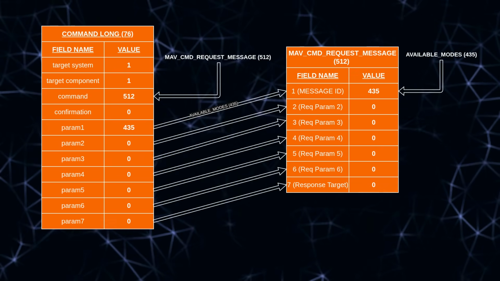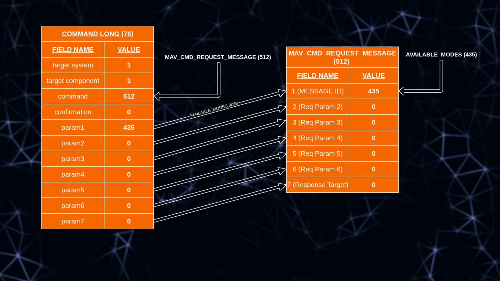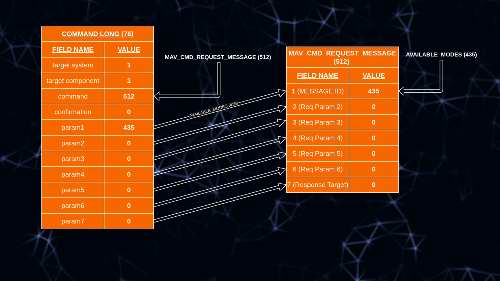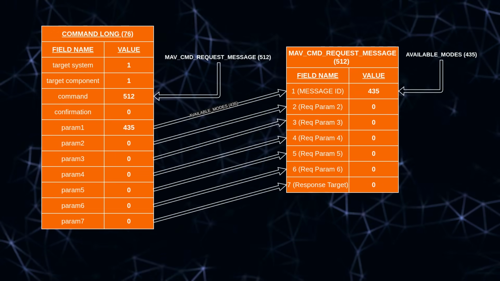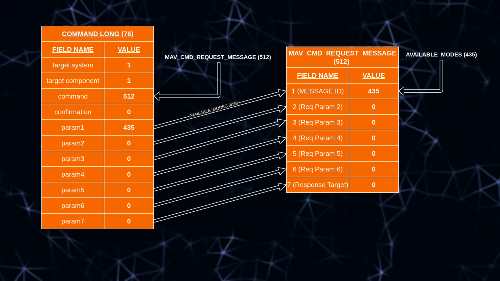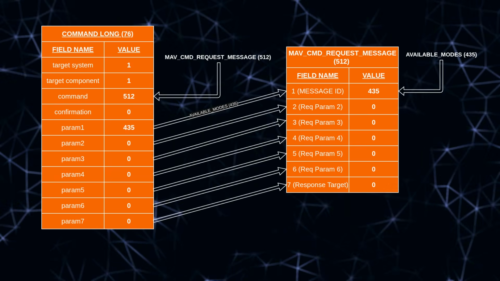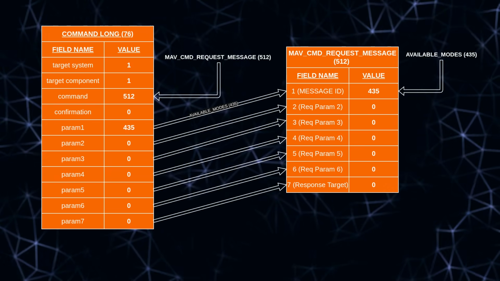The command ID field in the command long message would be set to 512 for MAV_CMD_REQUEST_MESSAGE, and the param1 field would be set to 435. The value of the param1 field in the command long message maps to the first field, that is the message ID field of MAV_CMD_REQUEST_MESSAGE, and the ID of the available modes message is 435. In response to this, the vehicle sends a command ACK message followed by the available modes message.